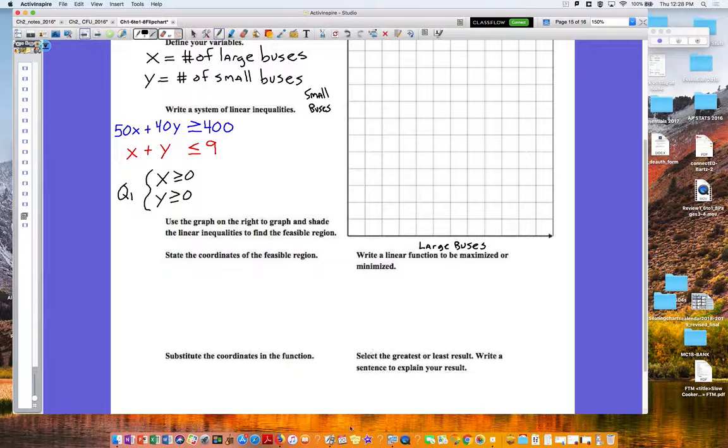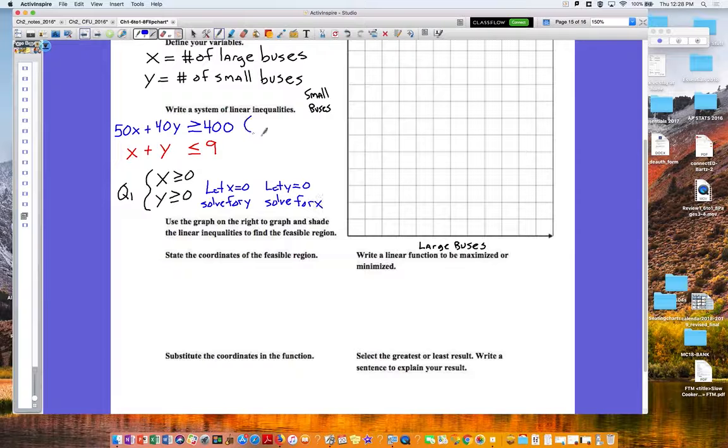Now, one of the things I like to do when solving inequalities is to use the fact that 2 points determine a line. So what I tell my students is, we're going to let x equal 0 and solve for y, and then let y equal 0 and solve for x.